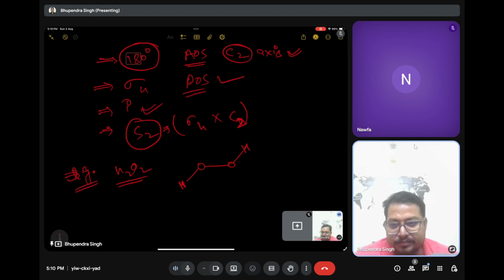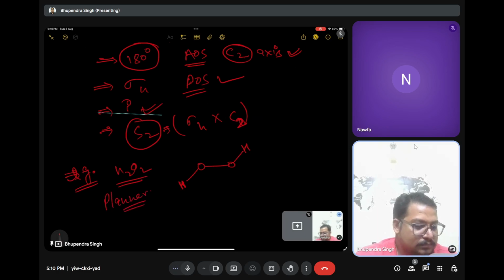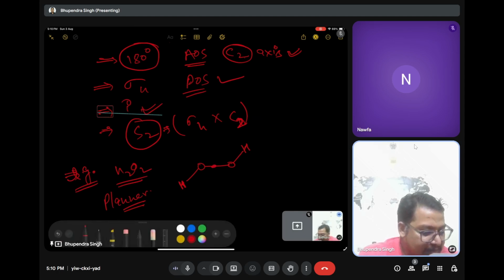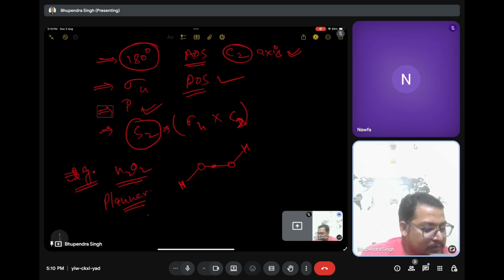I am just giving one hypothetical situation that it is like that, because this is the molecule I am proposing. Actually it is not correct, that is why I am saying this. So let's say this molecule is planar. This is given to you. Now if this is planar, then you have to find out what symmetry elements are present here.